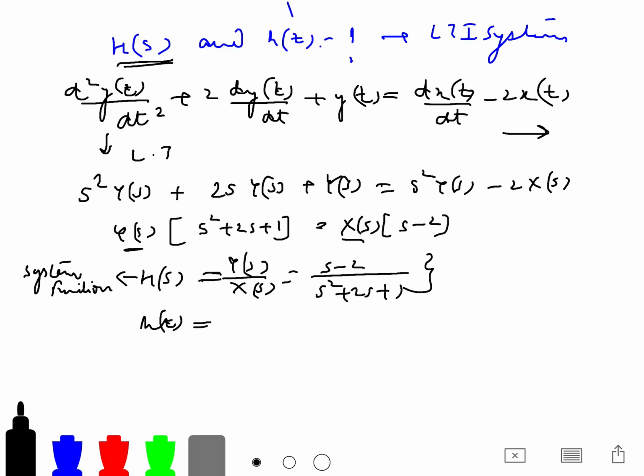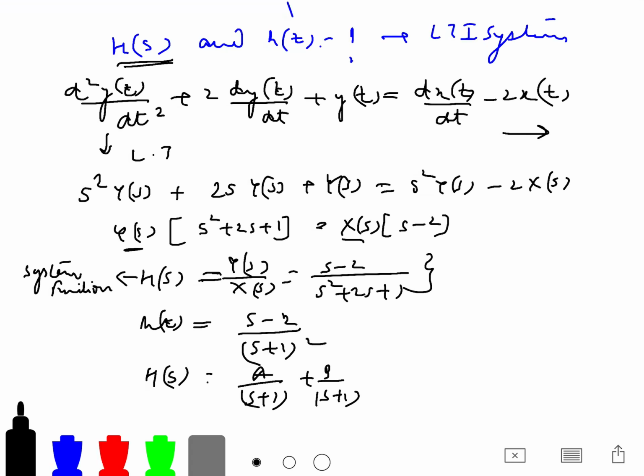Okay, this is the system function that you have to identify, right? Now you have to identify the impulse response of this function. When you identify the impulse response of this function, you have to take the partial fraction, right? How can you take the partial fraction? This can be written as s minus 2 upon (s plus 1) whole square, right?